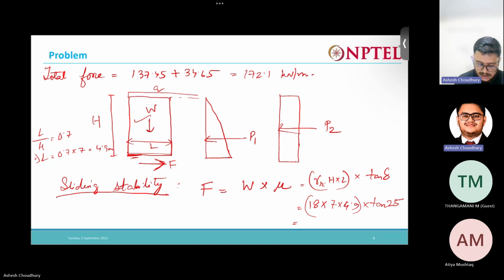Let's calculate this. Approximately 20. So everything is in per meter length of the wall, right? So it is a plane strain problem. So per meter length of the wall, we are calculating everything.